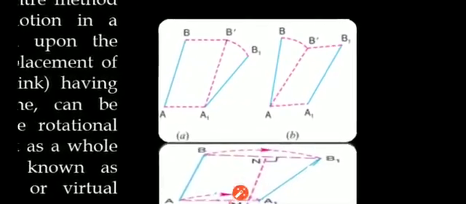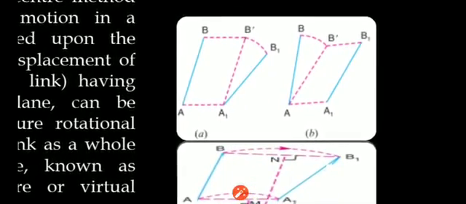If you observe this diagram, you can consider AB as one of the links which has moved from its position, that is, A has moved to A1 and B has moved to B1.